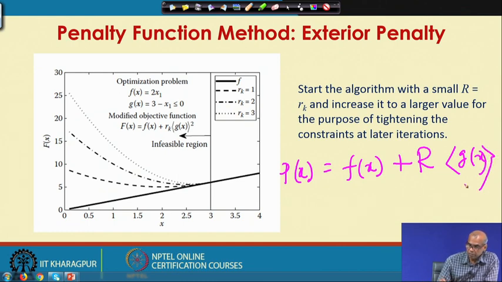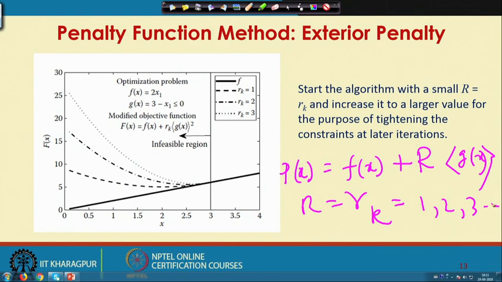So, let us take different values of r, r_k equal to 1, 2, 3 etcetera. These are the sequence when you take r_k or the penalty term value r equal to 1, 2 and 3, and you see how you approach the optimum point for the original problem.